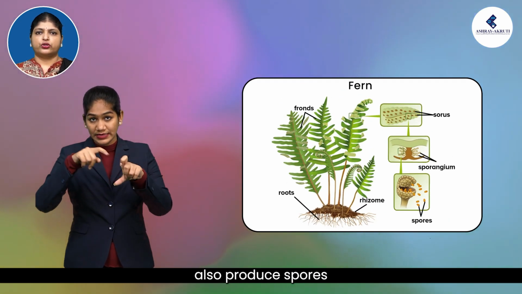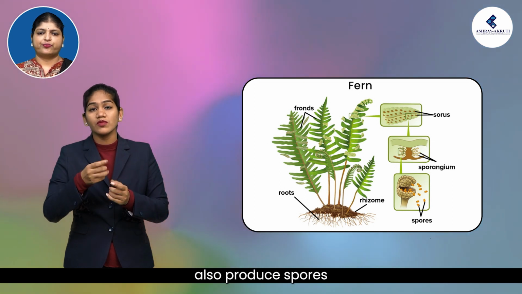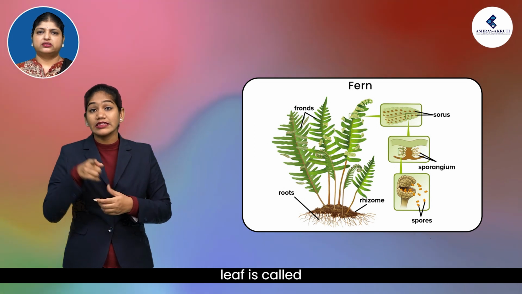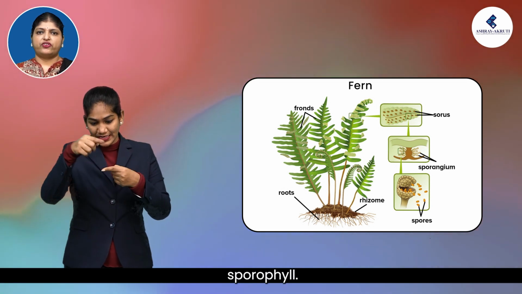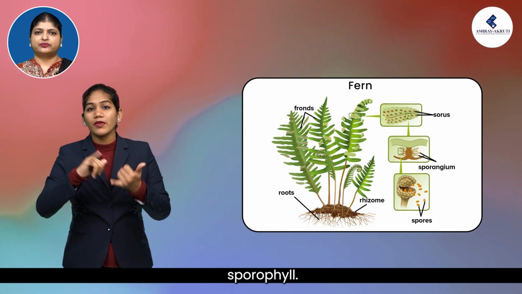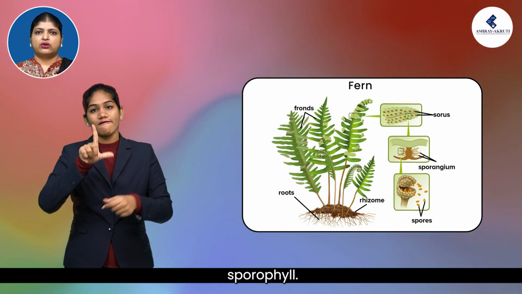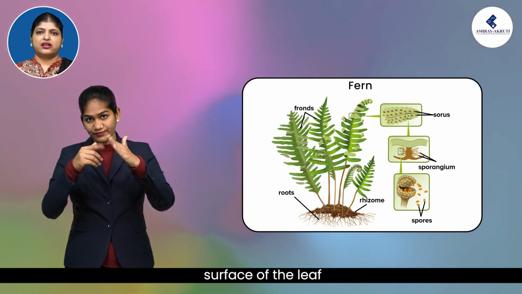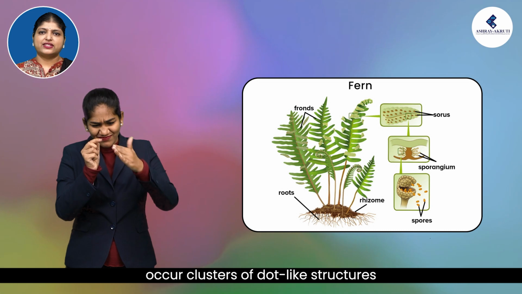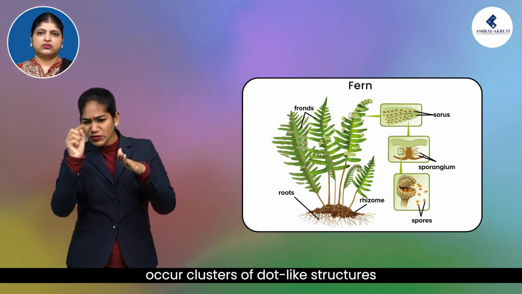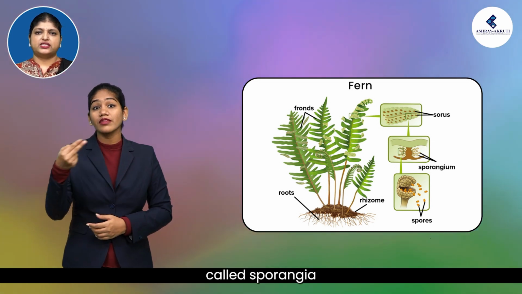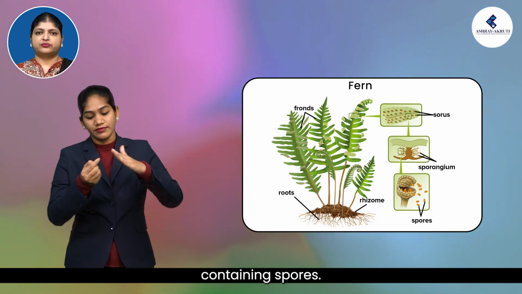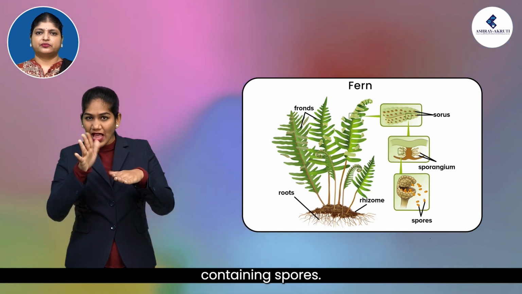Ferns also produce spores and a fern leaf is called sporophyll. On the lower surface of the leaf occur clusters of dot-like structures called sporangia containing spores.